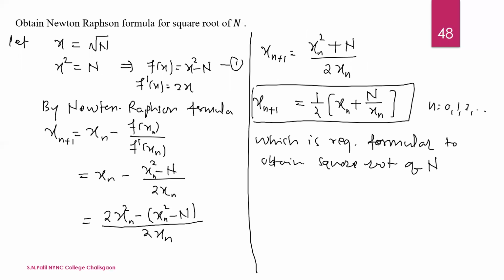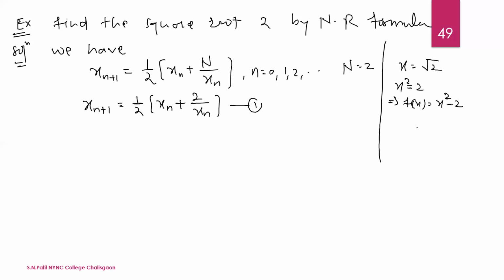Okay, see, we have discussed x square minus N, N is 2. Now here we put x is equal to 0, then we get minus 2. Put x is equal to 1, we get minus 1. Put x is equal to 2, 2 square 4 minus 2, that is 2. Here the sign is opposite.